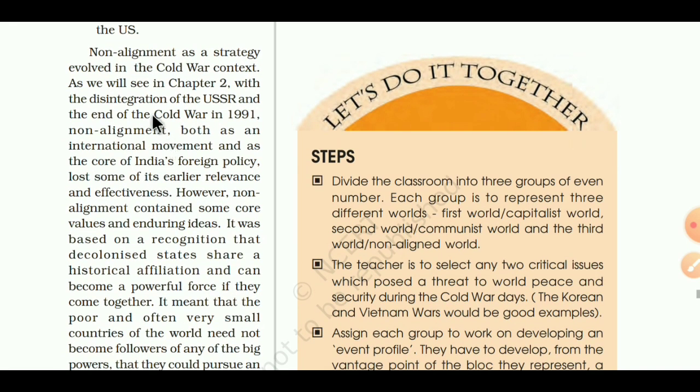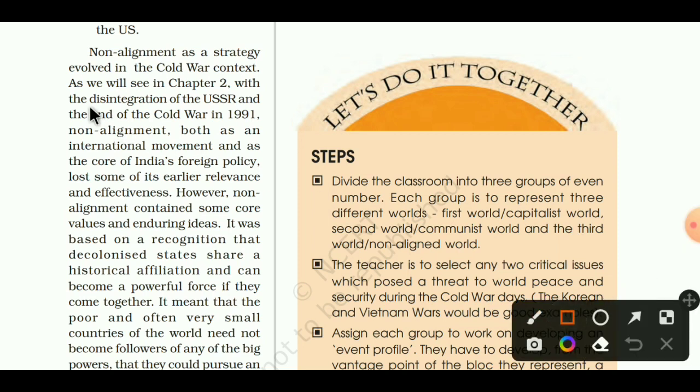But one thing: the non-alignment movement as a strategy was involved in the Cold War. We will see in chapter 10 the disintegration of the USSR, how the USSR disintegrated, and the end of the Cold War when the USSR disintegrated. The non-alignment movement, both as an international movement and as the core of Indian foreign policy, lost some of its earlier relevance and effectiveness.